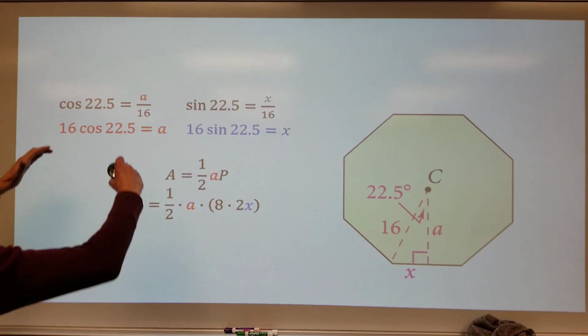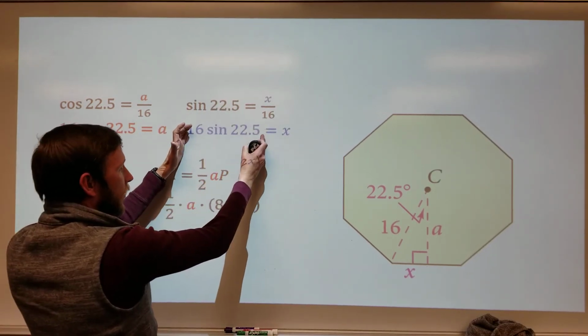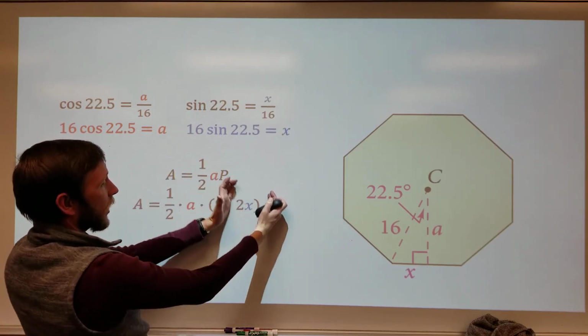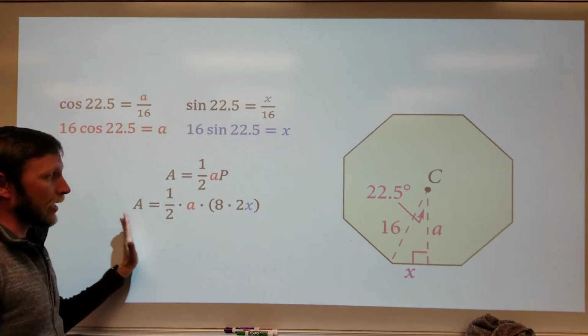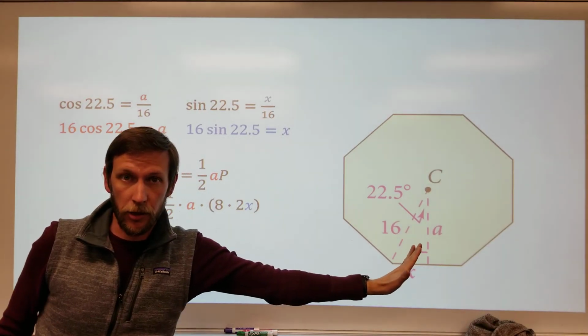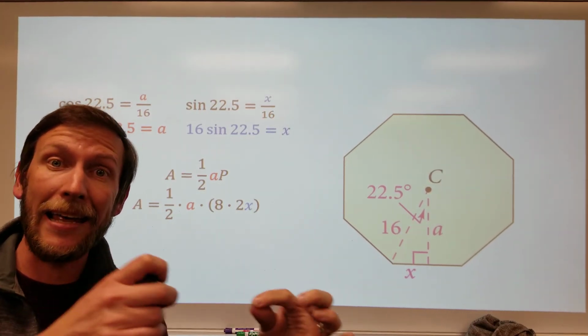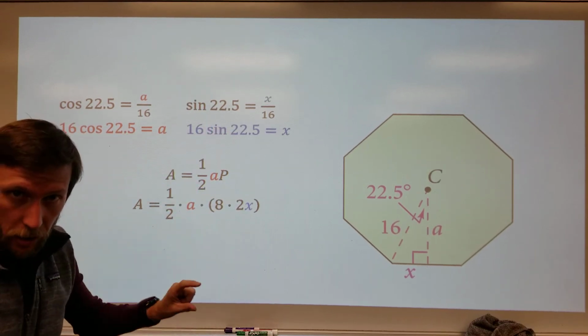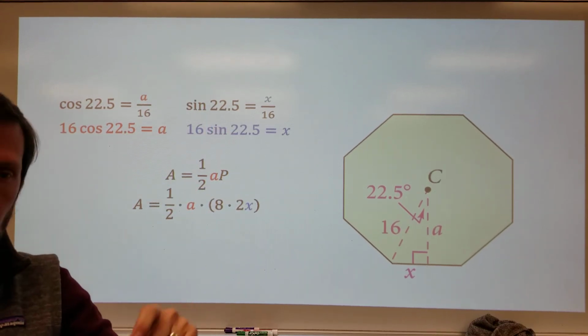So if I know what a is, and I know what x is, then I can plug this in here. And if I know what x is, I can plug x in there, and then I can multiply using my calculator, closing and opening parentheses as needed. Pause if you need to think about why these are what they are, or be prepared to ask a question in class.